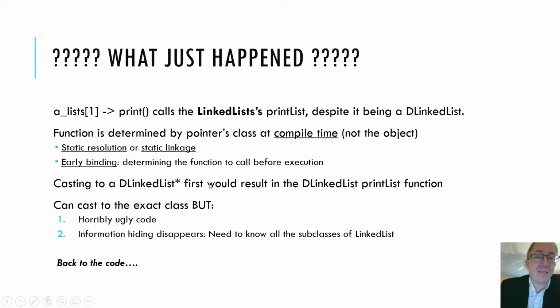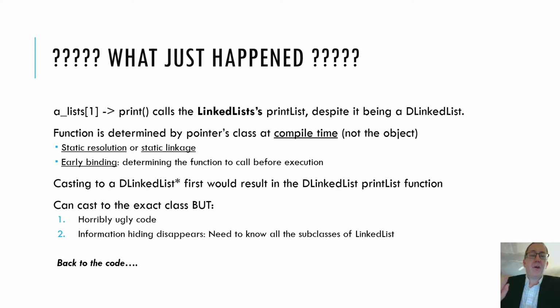Unless I'm casting it first, I'm going to get the wrong version of this. Casting it first is horribly ugly code. It has all these special cases, like on a Tuesday, change this. And it means I lose information hiding. I need to know what every single one of those shapes is in order to paint it the right way. I need to know what every single child class is to make sure that things don't go wrong.